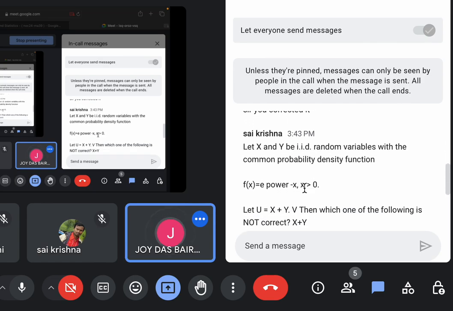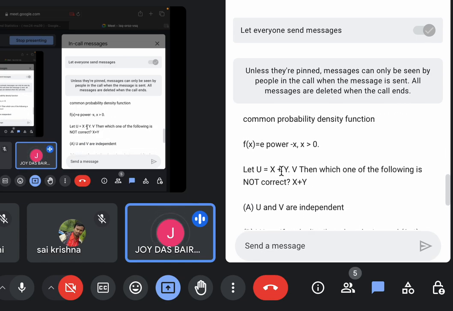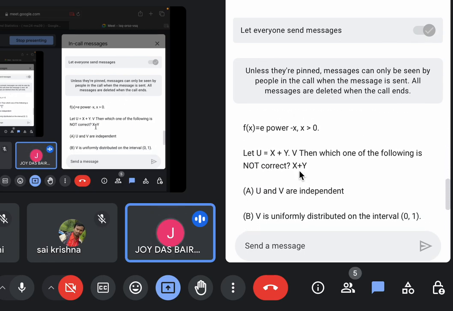Let X and Y be independent random variables with common probability density function f(x) equal to e to the power minus x, where x is greater than 0. Let U equal X plus Y, and V. Which one is not correct?